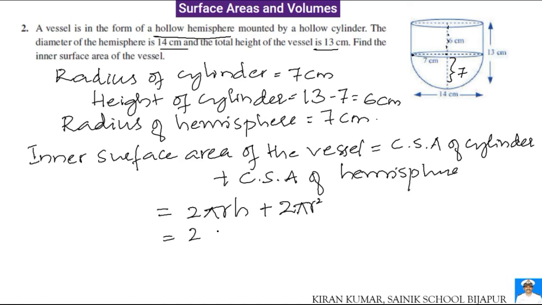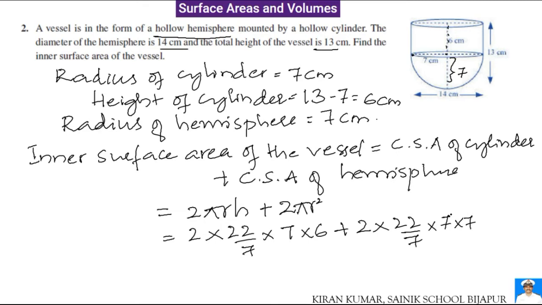So we get 2 times 22 upon 7 multiplied to 7 into 6 plus 2 times 22 upon 7 multiplied to 7 into 7. Here one of the 7 gets cancelled. We'll be getting 44 times 6 plus 44 times 7.